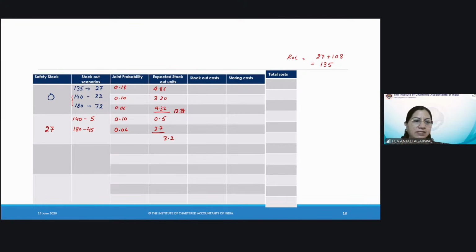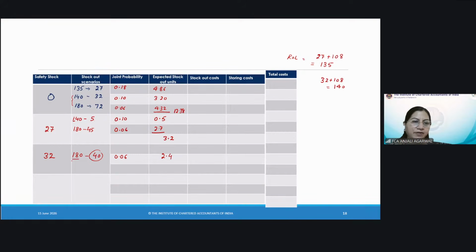Now, if I prepare myself for this scenario also, and I keep a safety stock of 32, so 32 plus 108 is 140. I'm stocked out in only the 180 scenario, with 40 units, which has a probability of 0.06, and 40 into 0.06 is only 2.4. So I'm going to be stocked out by only 2.4 units.